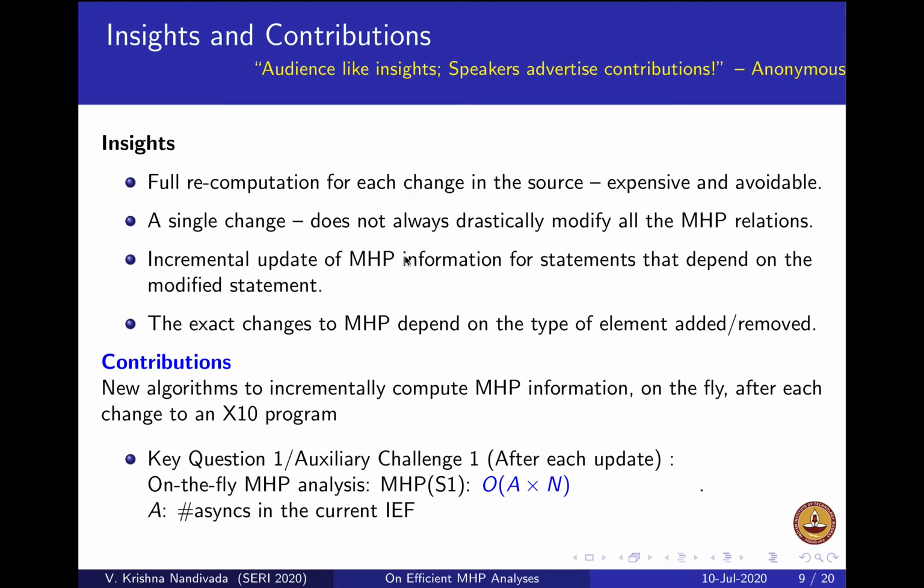We present new algorithms to incrementally compute MHP information on the fly after each change. Just to give you a brief idea, the key question we can answer in order A times n, where A is the number of async nodes in the immediately enclosing finish of the statement that is being inserted or removed. Compared to the state of the art, which is O of C times n, where C is the total number of concurrency constructs, which will be a lot more expensive.